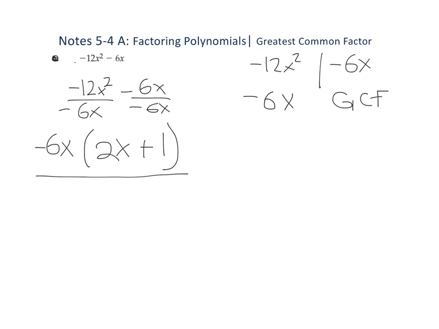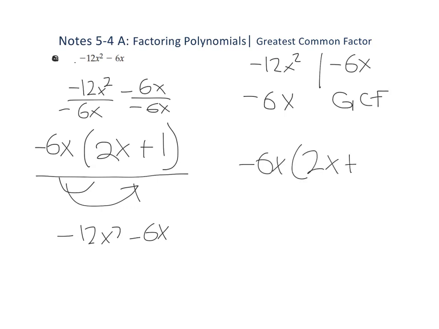And if I were to distribute this, like we've learned, I would get the original binomial. So think of GCF as the opposite of the distributive property. So our final answer is negative 6x times 2x plus 1.